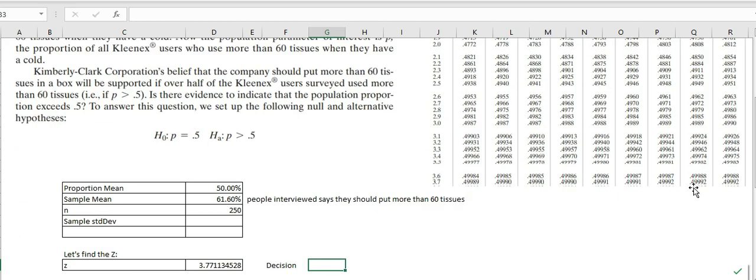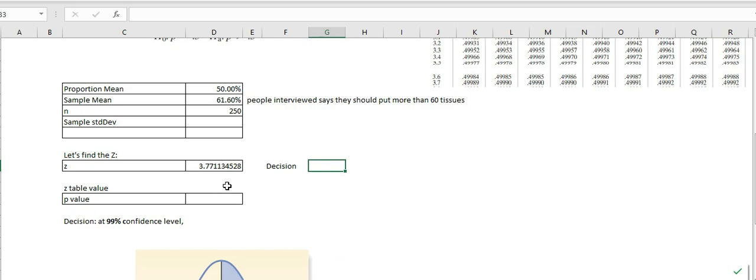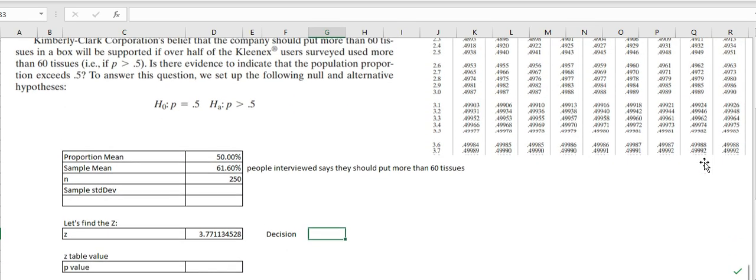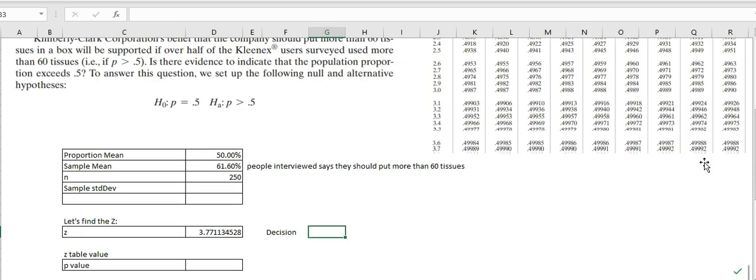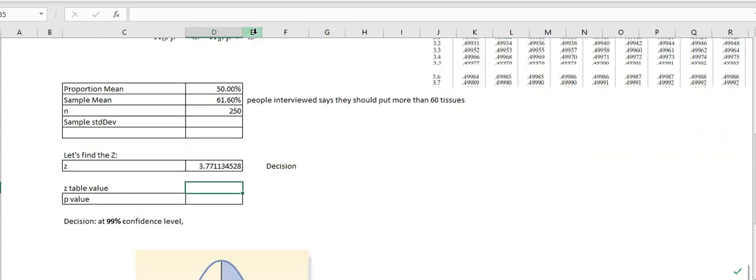It's 0.4992. So you get the z table now.